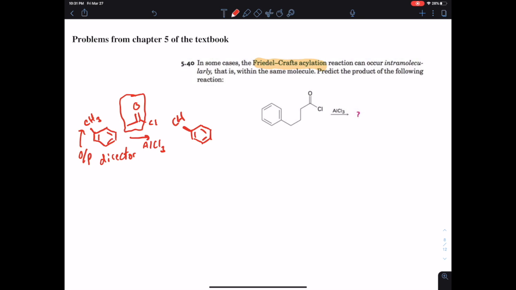Now that carbonyl carbon is bonded to the ring. So of course, the other product is HCl. So what we're going to do is make a connection from here to the ring, but this is an alkyl group here.